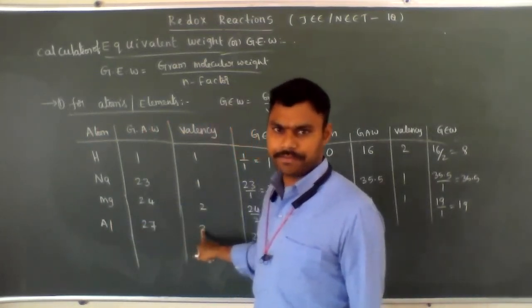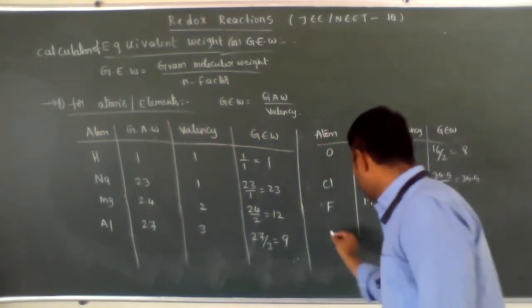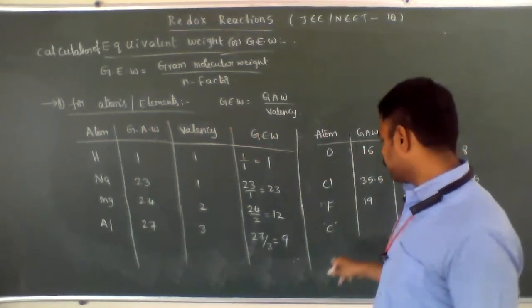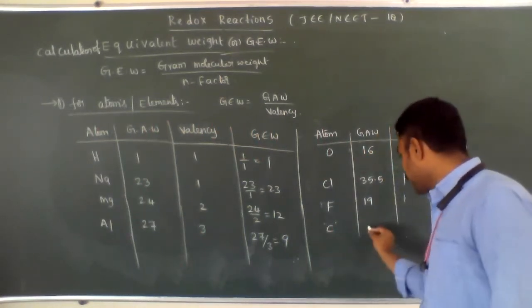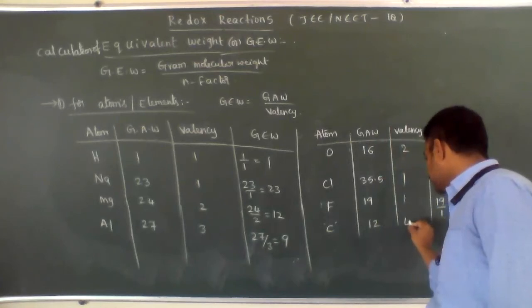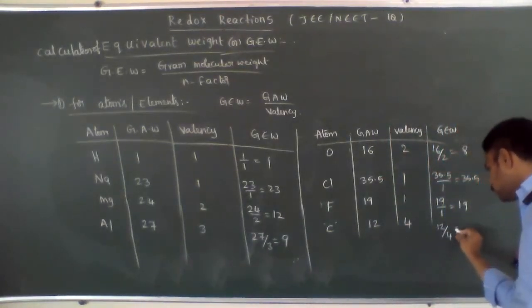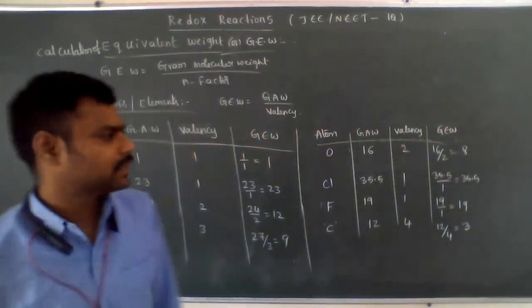Their valence is 3. 14th group elements are 4th A group elements, means carbon family: carbon, silicon, germanium, tin, lead. What is the atomic weight of carbon? 12. But its valence is 4. That's why 12 by 4 is equal to 3. Gram equivalent weight of carbon is equal to 3.